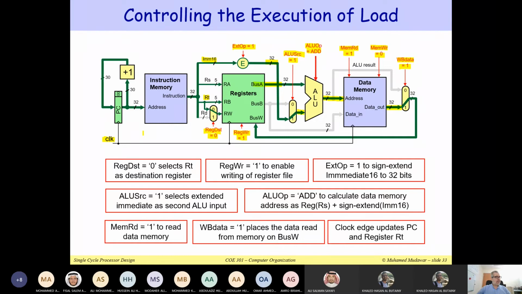Okay. So is this clear now? The importance of the immediate is that it is just a displacement for address calculation. So this way we use the ALU in another way, just to calculate the address. We are not using the ALU here to compute any result that should be written to the register file, because this is not an ALU instruction.